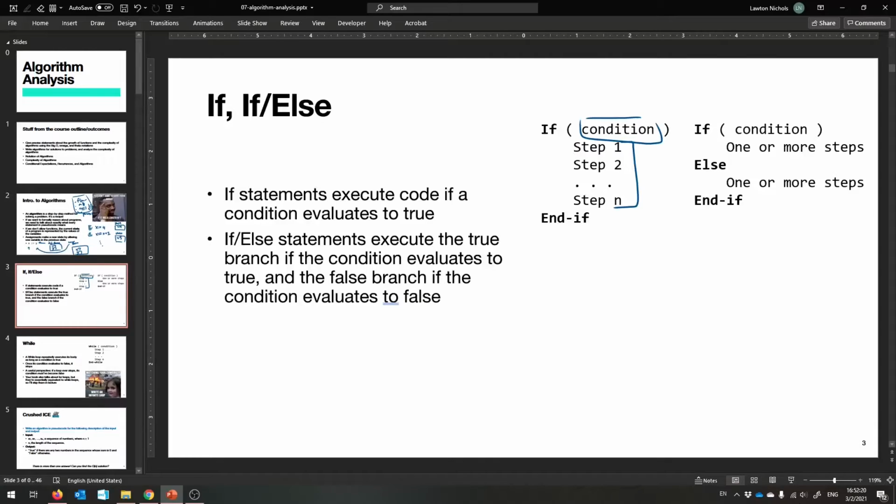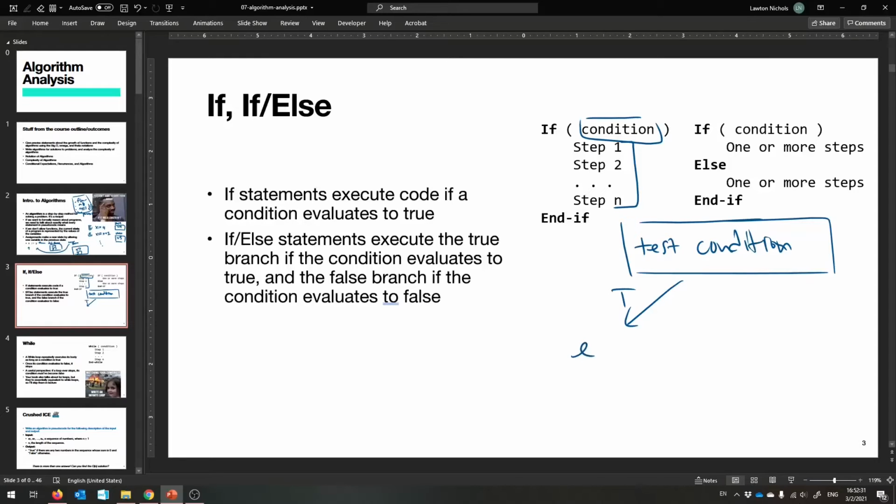So the idea is first test the condition. If it's true, execute the body, all the lines of it. If it's false, you skip over the true case. There might be an else case. Do the else case, if there is one.